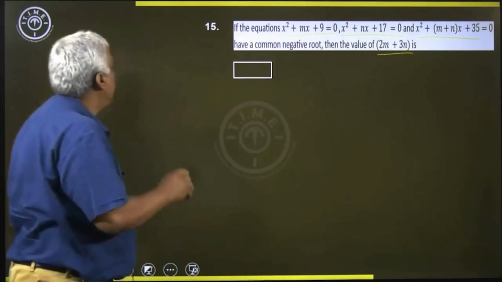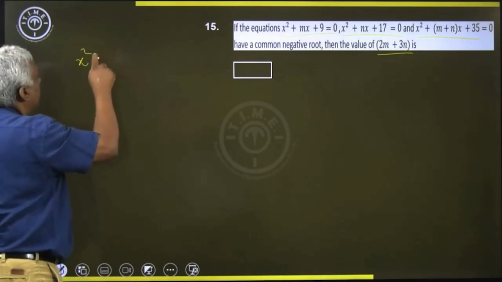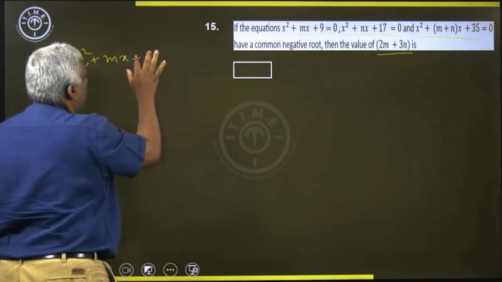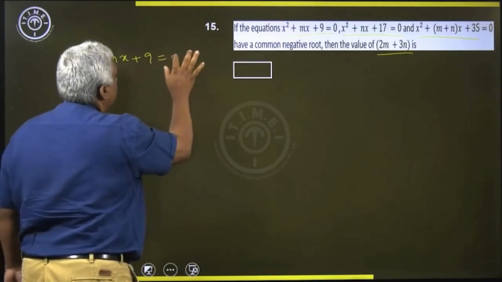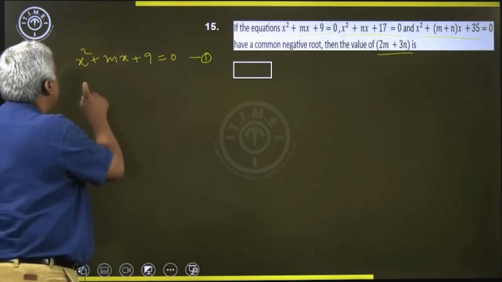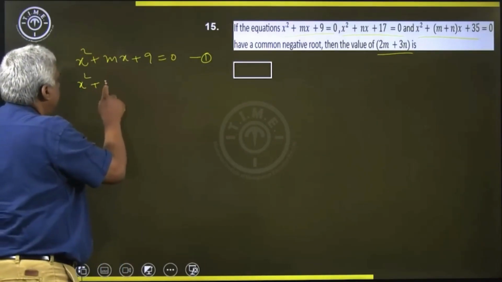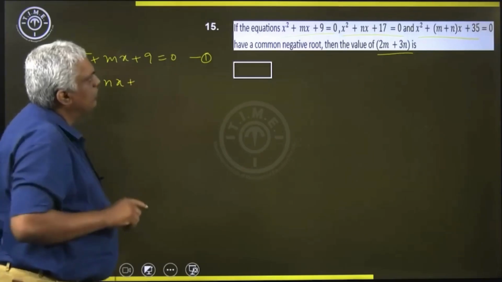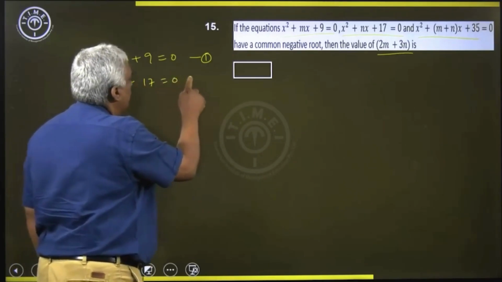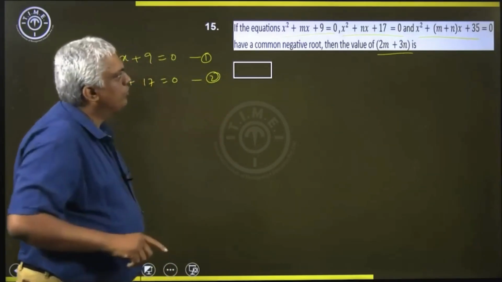Okay, so you see, x square plus mx plus 9 equals 0, let's call it equation number 1. And x square plus nx plus 17 equal to 0, let's call it 2.